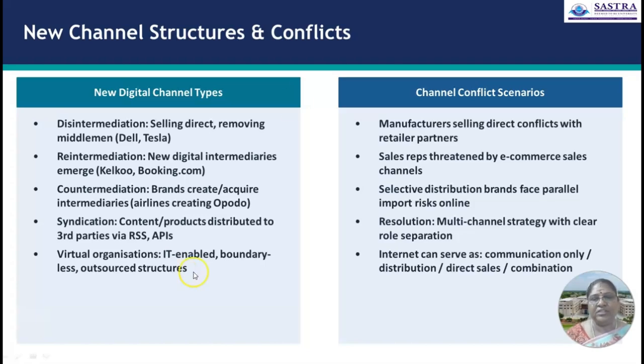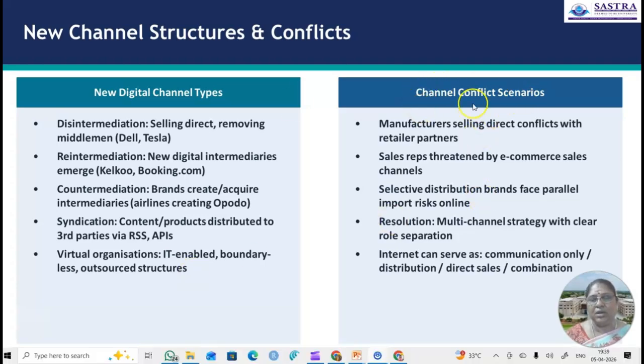I gave you a lot of examples about channel structures: disintermediation, reintermediation, countermediation. Then syndication, which I almost forgot. What is syndication? It is the distribution of product content through third parties, using RSS, APIs, etc. And virtual organizations, like IT-enabled virtual organizations and outsourced structures, are also available.